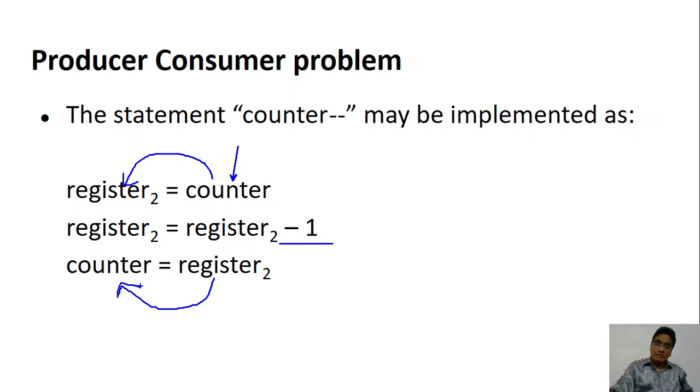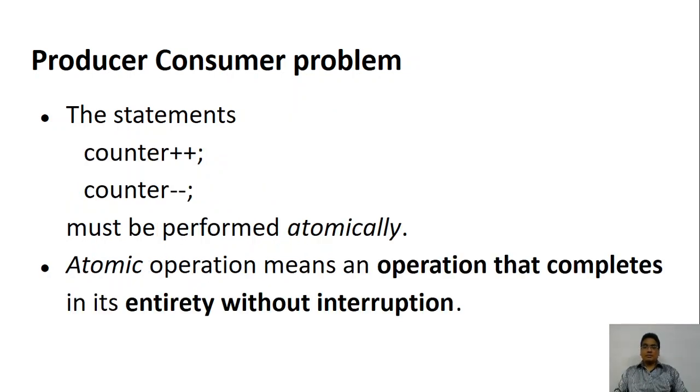Now there is going to be a problem. This whole thing has to be done as a single unit. If these statements are performed in an unsynchronized manner, then we will end up in trouble. In other words, these operations must be performed to completion without disturbance.